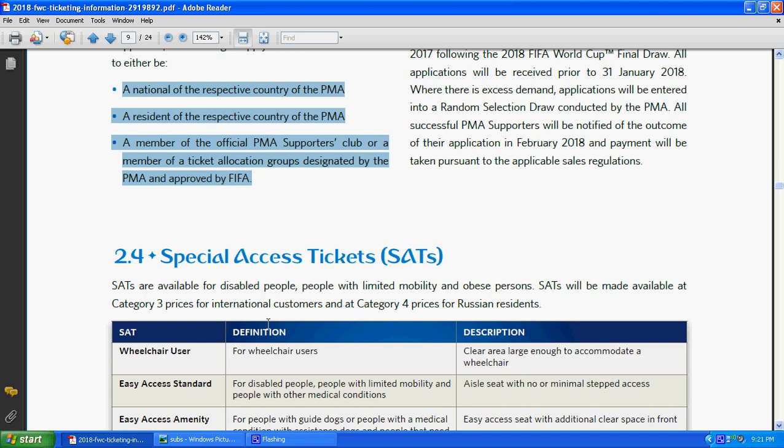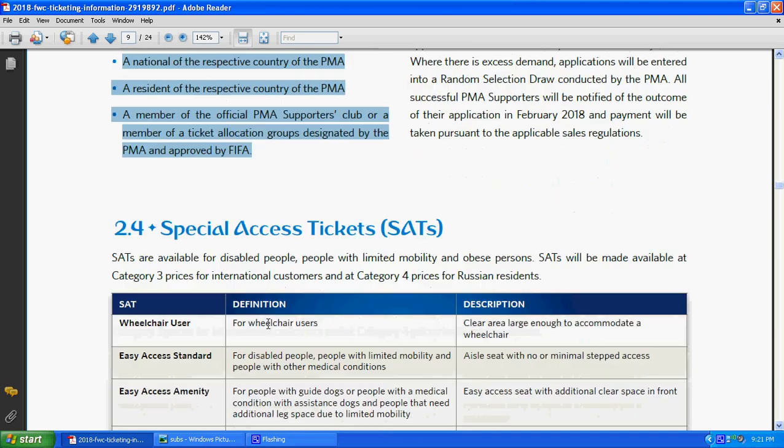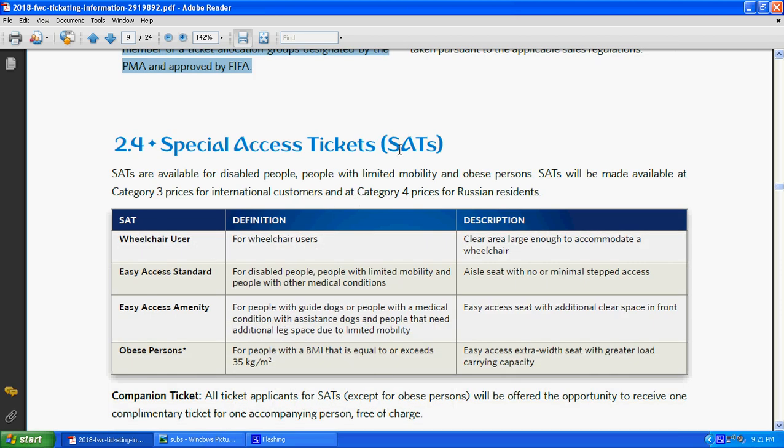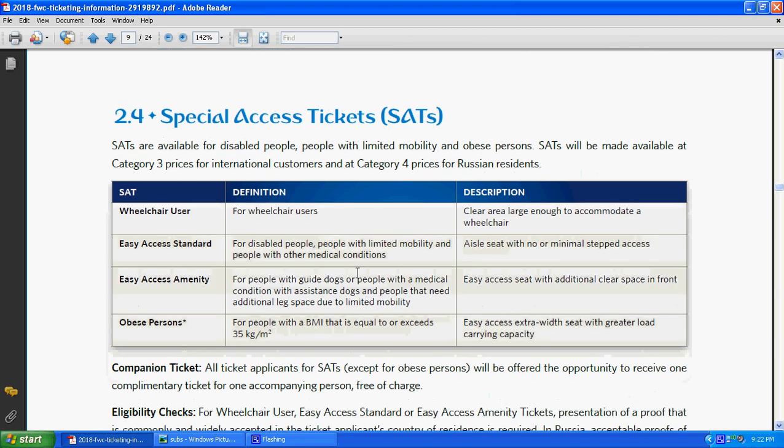Now we can move on to the special access tickets. These are tickets for people who need special access, or who are disabled and need special care. There are three categories. The first category is for wheelchair users. It's a clear area large enough to accommodate a wheelchair. There is easy access standard tickets for disabled people, people with limited mobility, and people with other medical conditions.